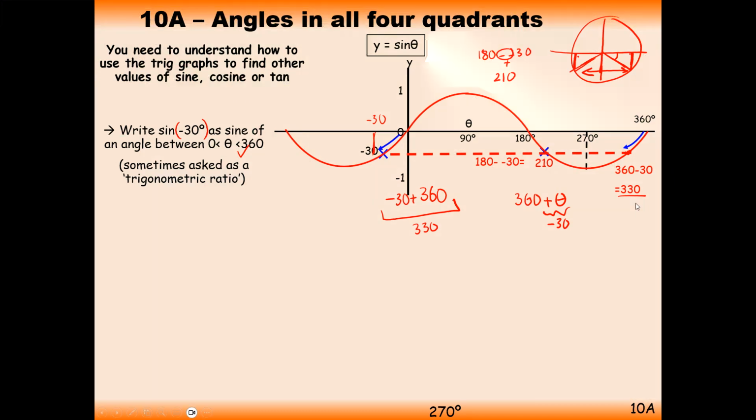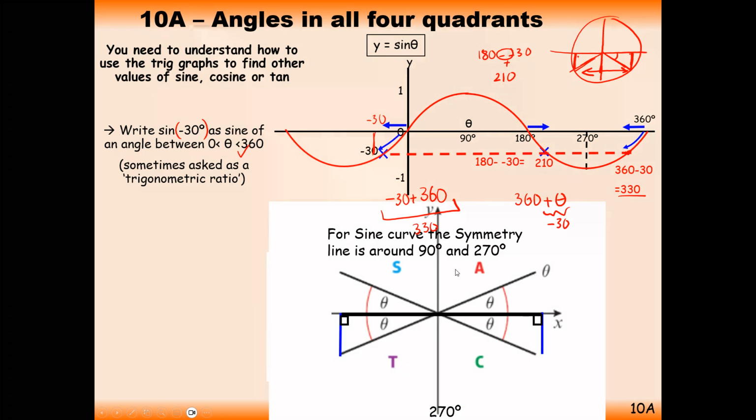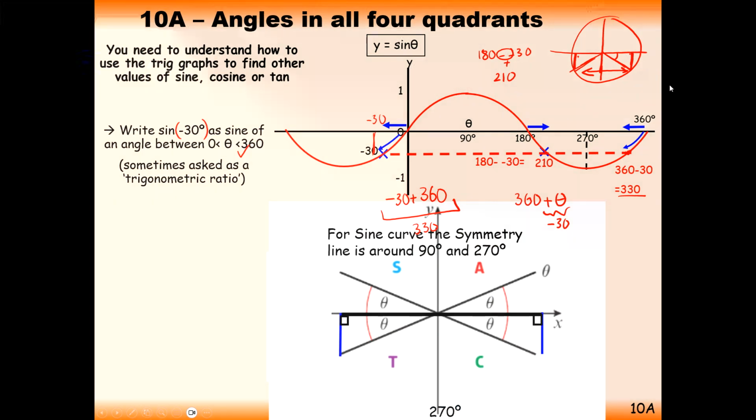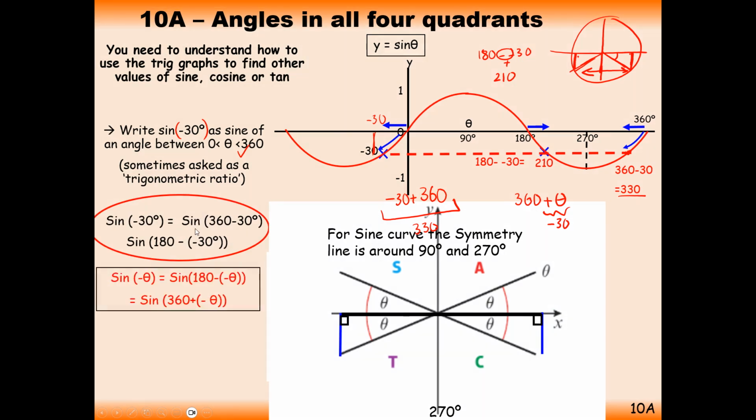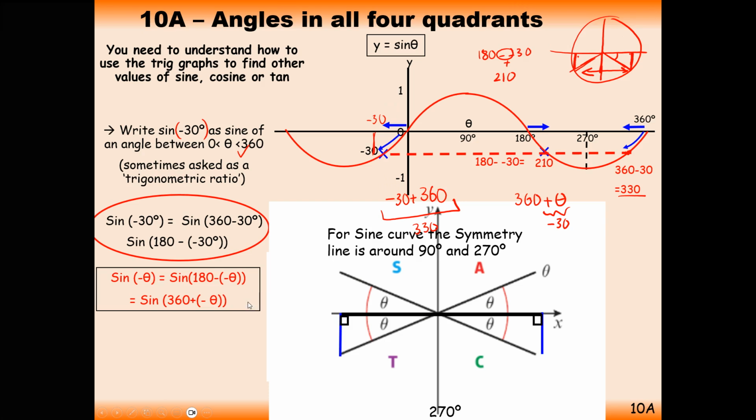It works out to be 330. This is exactly the equivalent diagram I've drawn up there. I'll put it down here below again. Because of those ratios, if you don't remember them, pause the video and write them down for yourself.